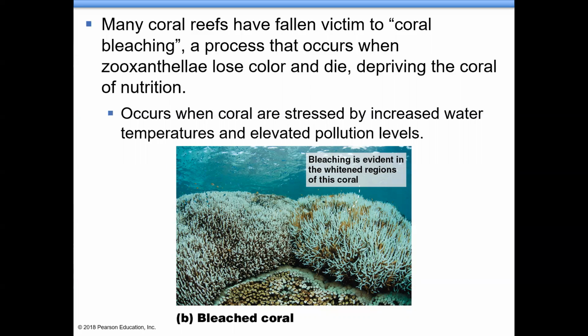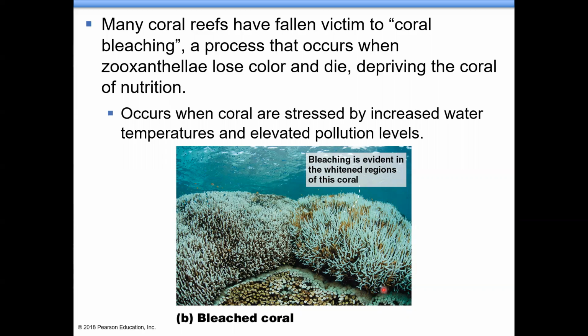Okay, so as we saw in that video, many coral reefs have fallen victim to what we call coral bleaching. Coral bleaching is when corals expel those zooxanthellae, those algae that they have that important relationship with. This actually causes coral to lose their color because the color in coral comes from those zooxanthellae.